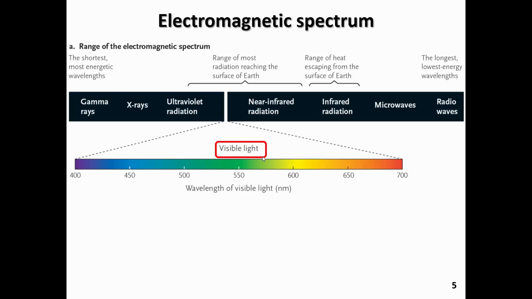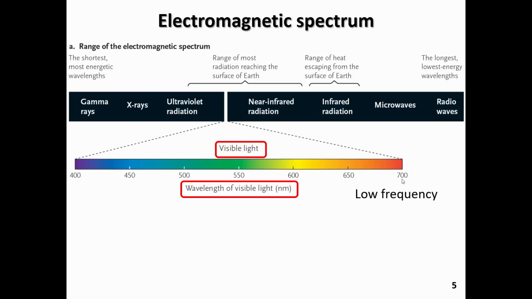And that visible light, as you can see, ranges from the short wavelengths out to long wavelengths between approximately 400 and 700 nanometers, and those wavelengths give rise to different colors. So on the right-hand side, we see 700 nanometers.